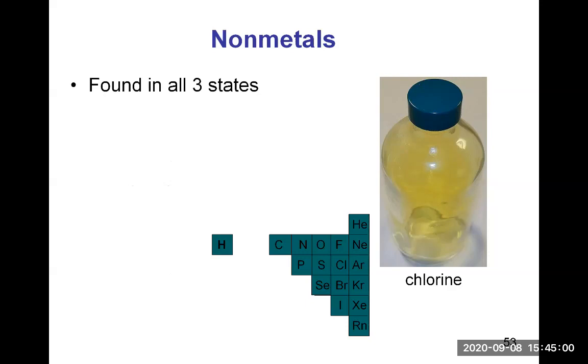If we look at the non-metals here, helium, neon, argon, krypton, xenon, and radon, all the noble gases, are, as the name says, gases. Fluorine and chlorine are also gases. Oxygen, nitrogen, and hydrogen are all gases. The solids are carbon, phosphorus, selenium, iodine. And the only liquid is bromine, Br.